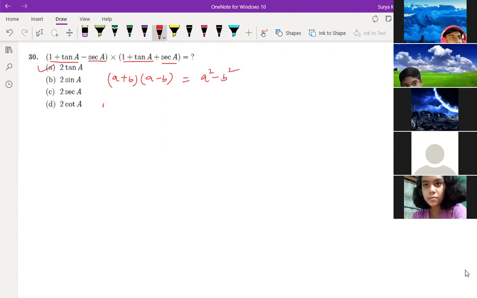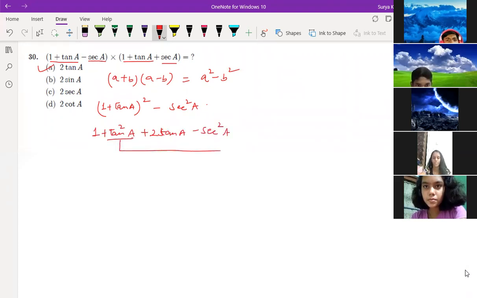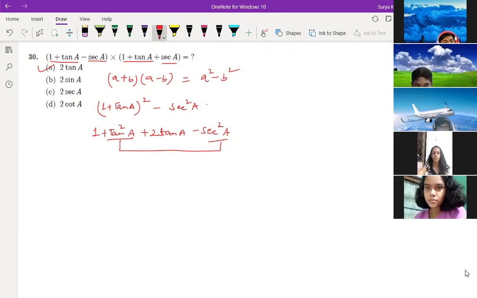So we can write it as 1 plus tan A whole square minus sec square A. So we can write here 1 plus tan square A plus 2 tan A minus sec square A. This is your identity, right?